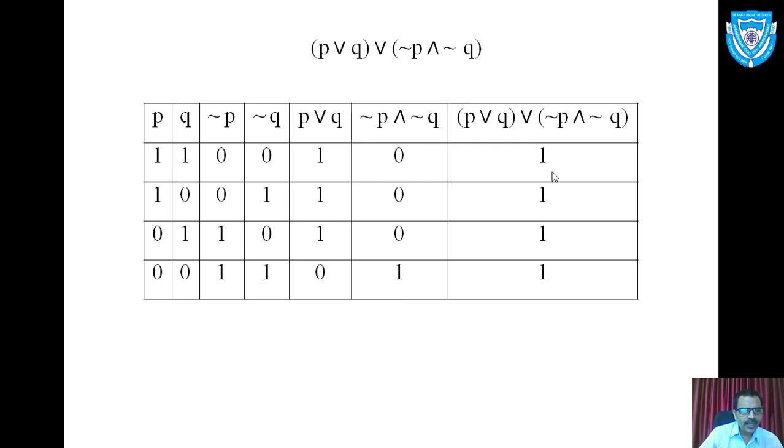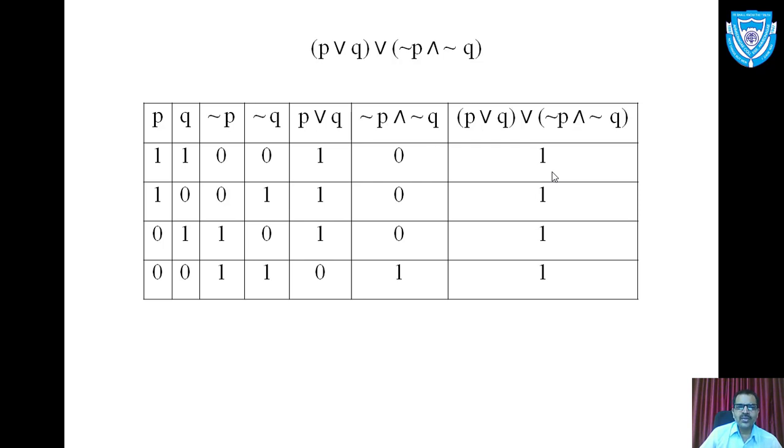Now from the column of P, you can generate the column of negation of P. The truth values of negation of P are opposite to the truth values of P. So the truth values of negation of P in the corresponding blocks are 0 0 1 1. The truth values of negation of Q are opposite to the truth values of Q. So in the corresponding blocks, the truth values of negation of Q are 0 1 0 1.